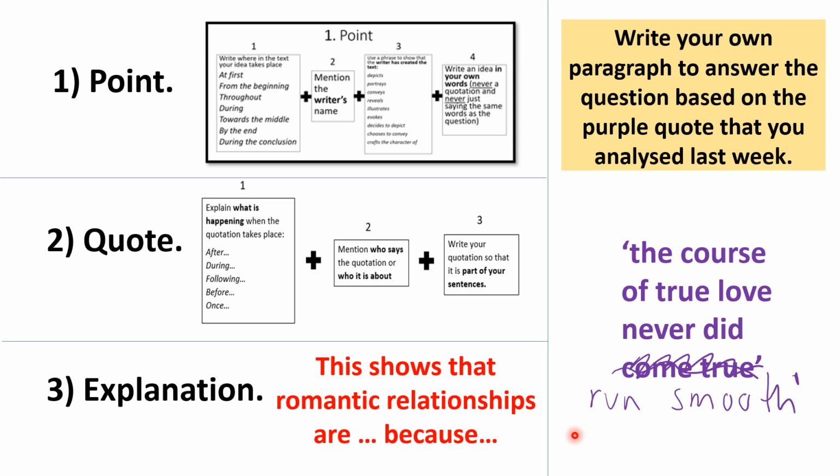Take your time. Remember to use the flowcharts to help you, and make sure that you look back at your mind map for this quote last week, and that will help you to write your point, your quote, and your explanation. Pause the video and write your own paragraph now, and then come back to the video, please.